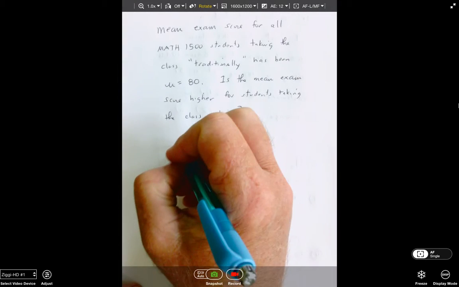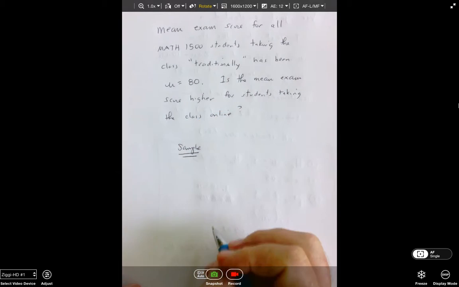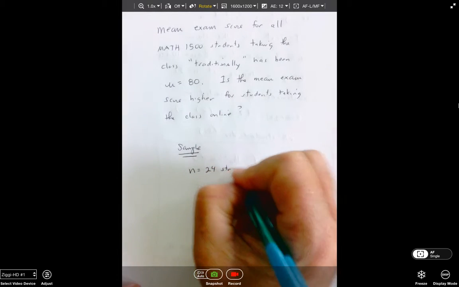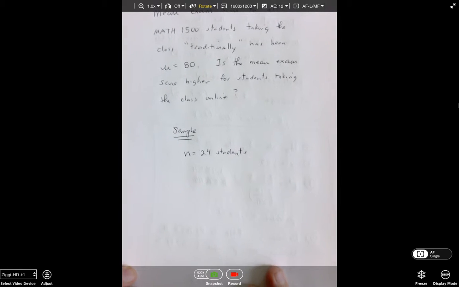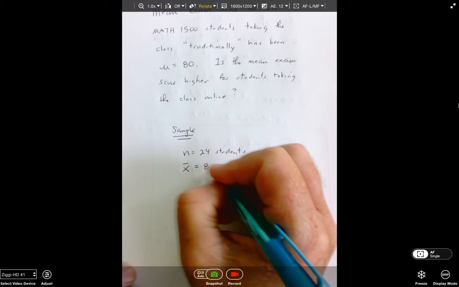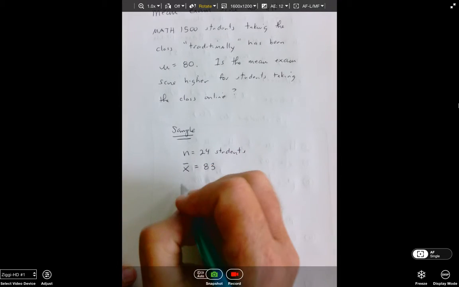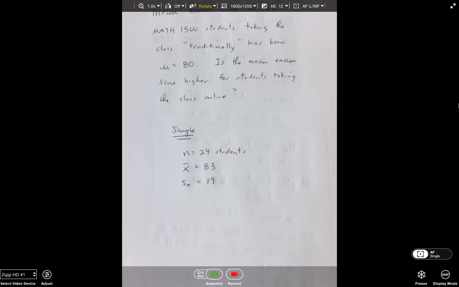Well, I have a sample from this semester that I'm making up. I have 24 students who show up to take the final exam. Their mean score is 83 with a standard deviation of 19.